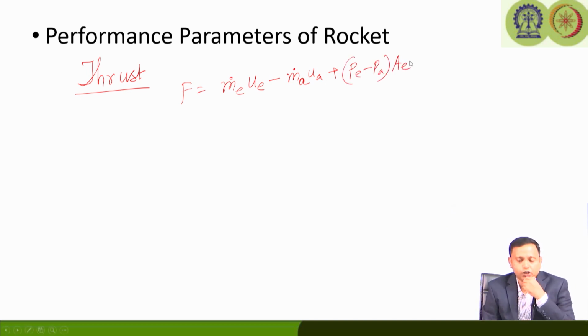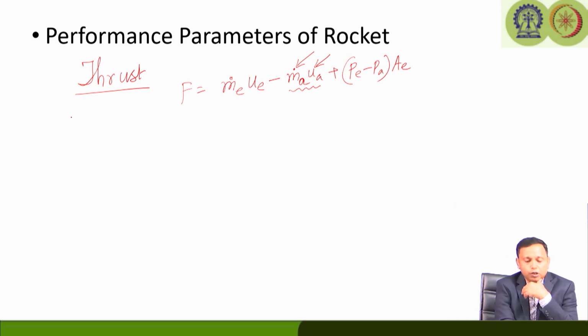This was your equation in the case of a turbojet engine, because we have some inlet flow stream which has the velocity U A and some inlet mass stream m dot A. But for a rocket, since it is carrying its own oxidizer, there is no inlet mass going into the rocket, nor any inlet flow stream. So, we do not have these terms in the thrust equation of the rocket.